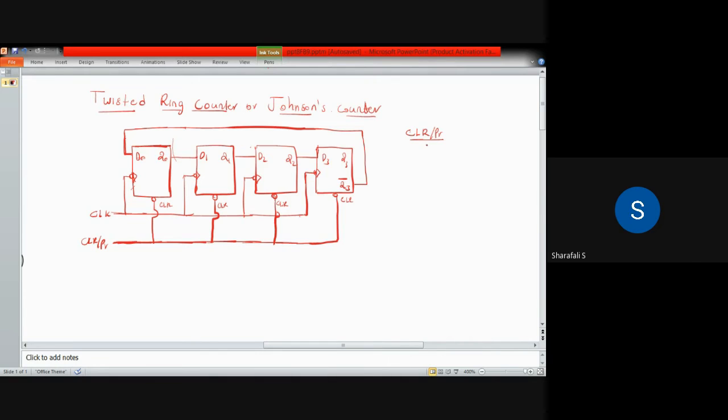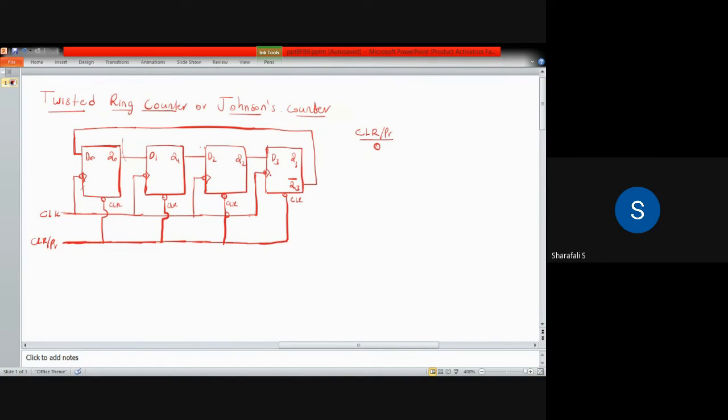When this is 0, it means your clear is on, because we have given a note here. The 0 becomes 1 when it enters the flip-flop.